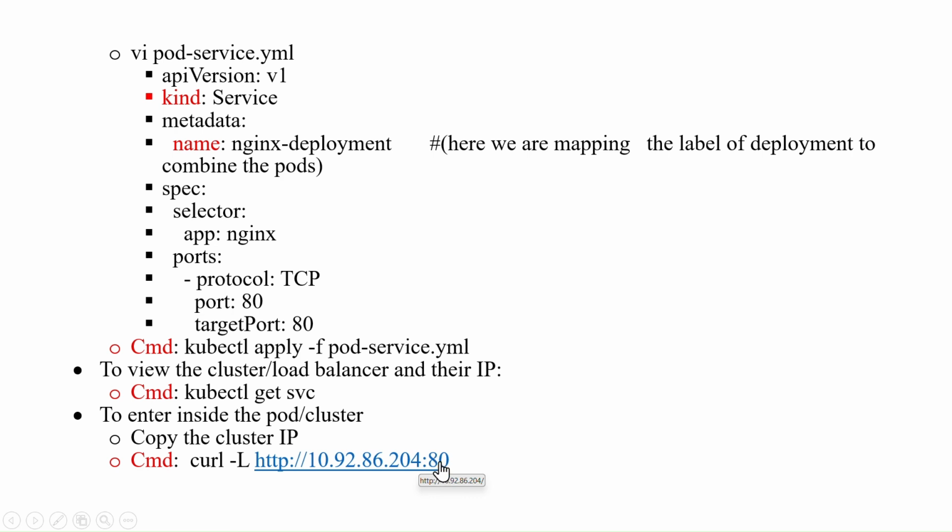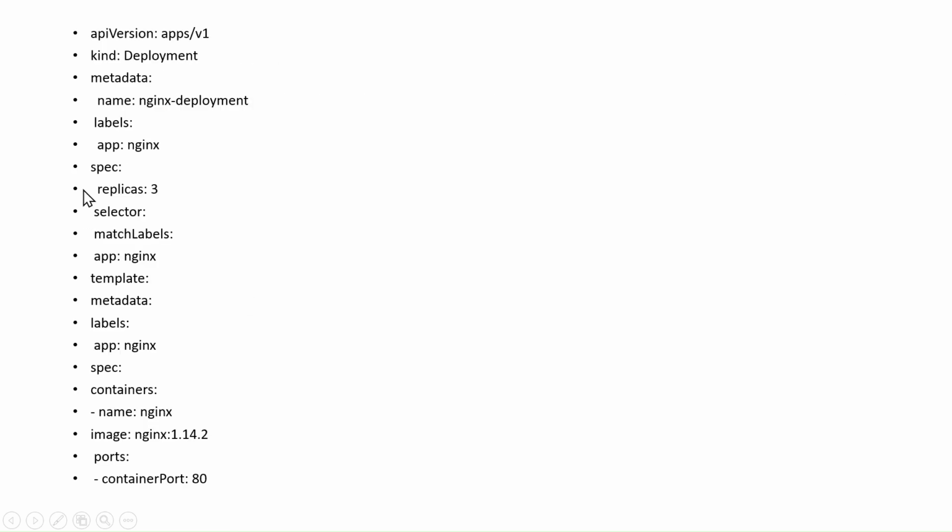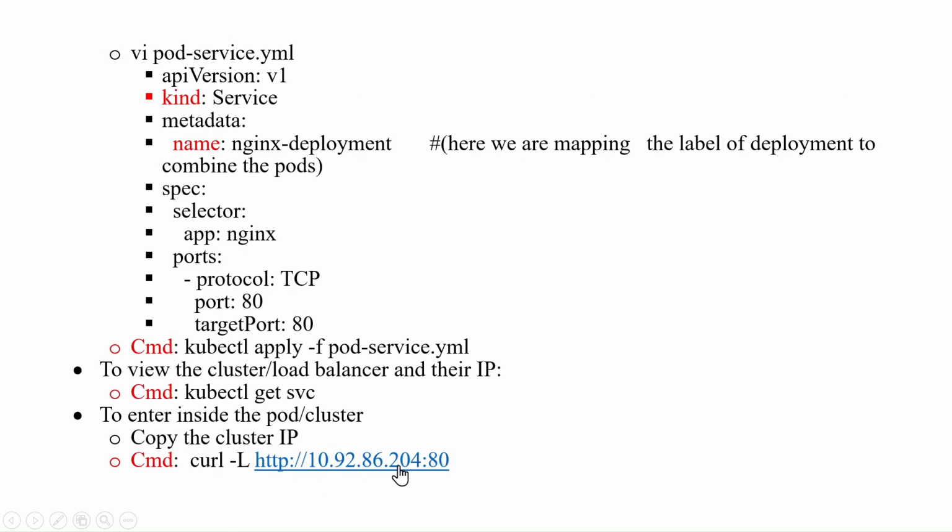Here I have mentioned three replicas. If one goes down, another will automatically be generated, but it won't affect this IP address. The IP address will remain the same. This is the specialty of using the service.